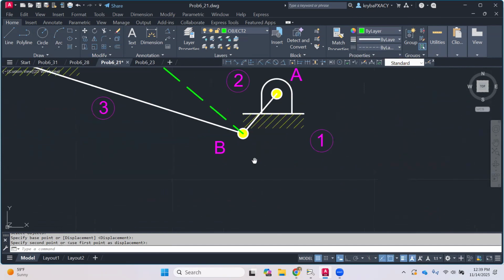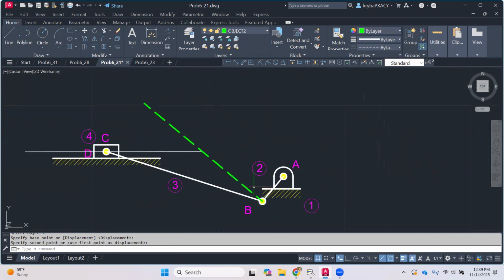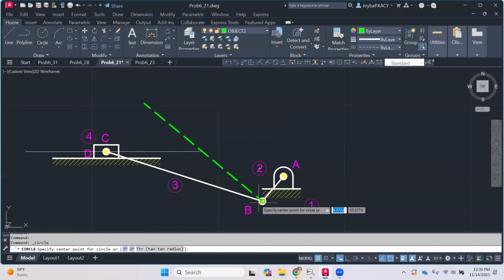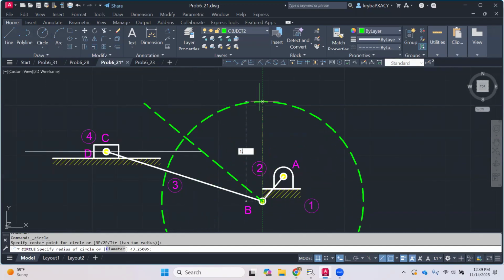Now I want to make that a length of 1.021. So I am going to go to my circle center radius, and at the center of point B here, I'm going to draw a radius of 1.021. Again, it's 102.1, but I'm dividing by 100 so that the scaling works out with the layout here.